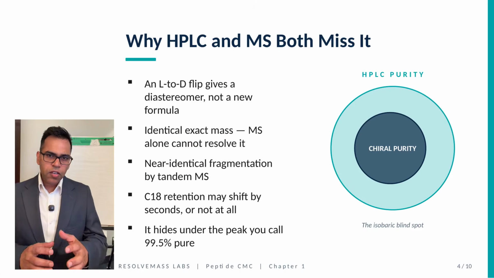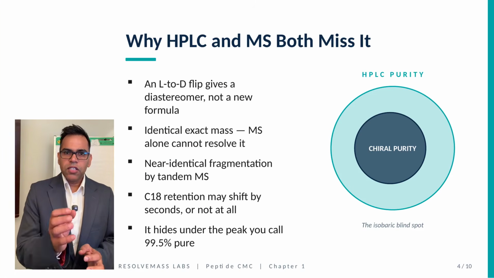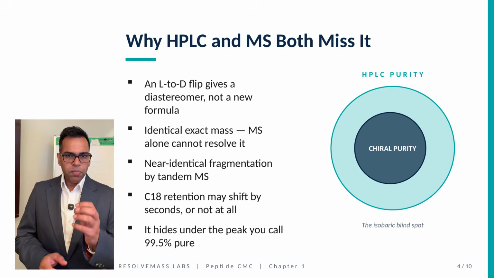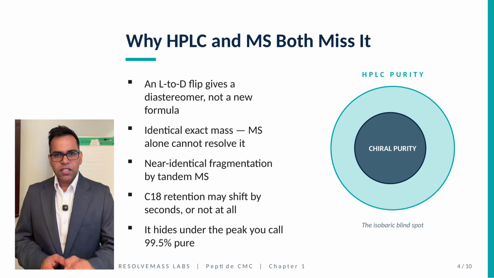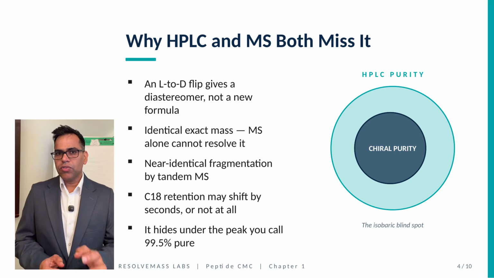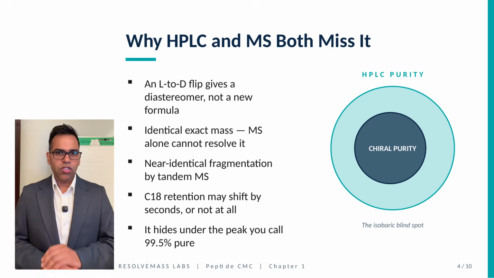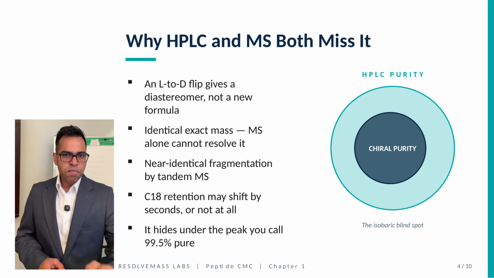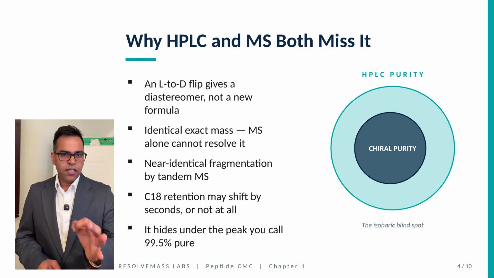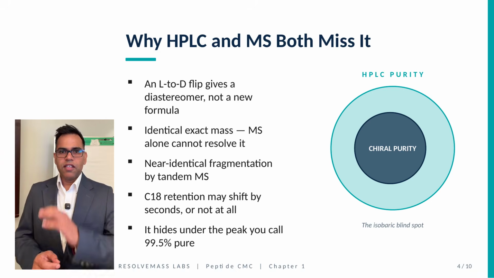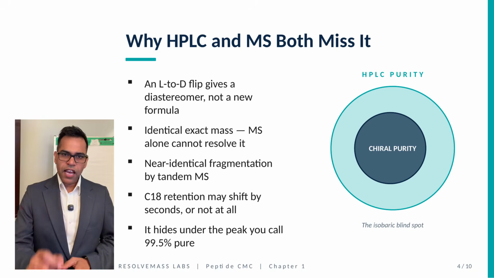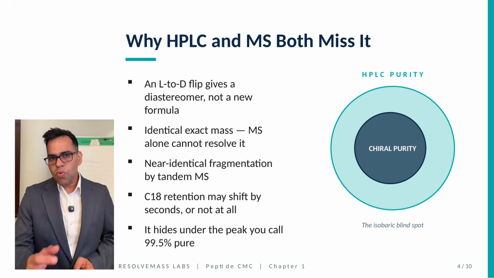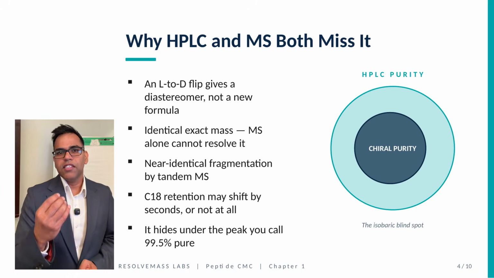The standard purity method can miss a D-amino acid completely, and here is the reason. A peptide with one residue flipped from L to D is a diastereomer of your target. Identical molecular formula, identical exact mass, near identical fragmentation by tandem MS. So mass spectrometry on its own cannot tell you it's there.